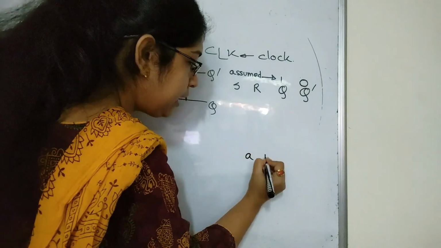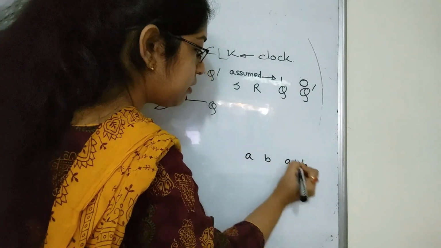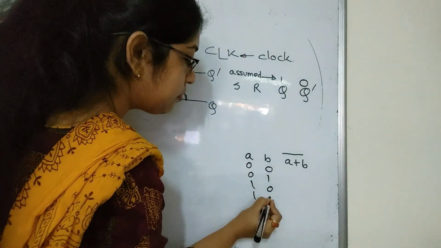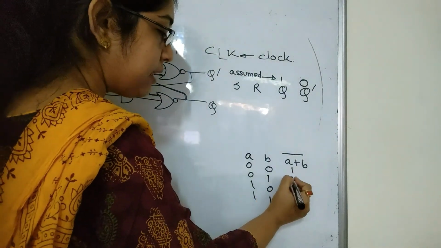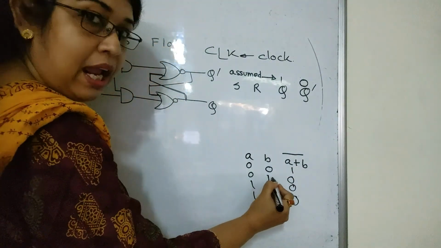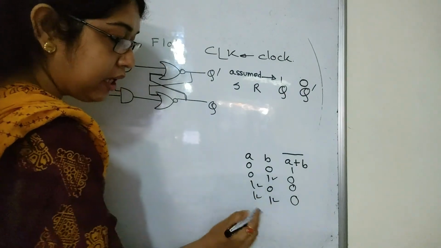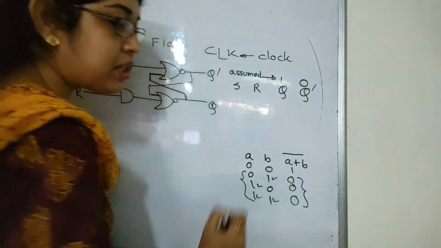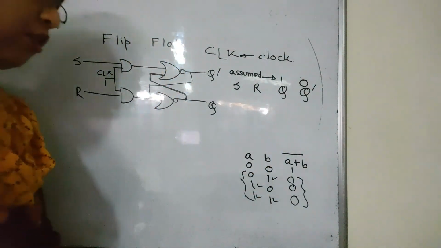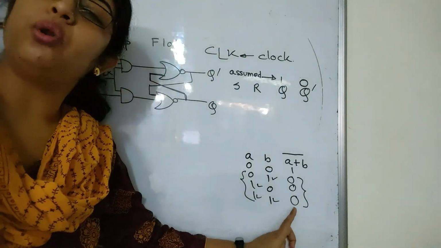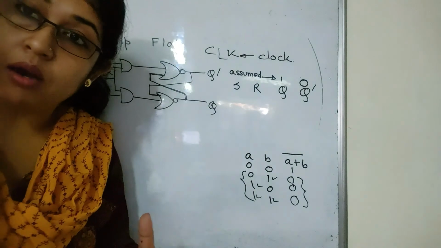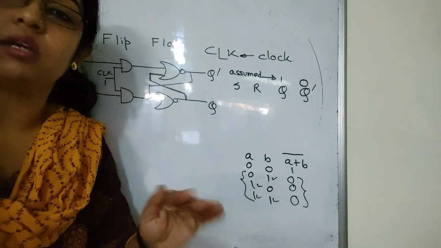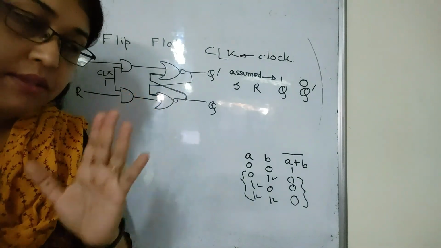Because if we see the NOR gate truth table, whenever any one of the inputs is high, the output is always 0. So when we are working on NOR gate flip-flops, we are always going to consider the high inputs first. So let's see how it is done.